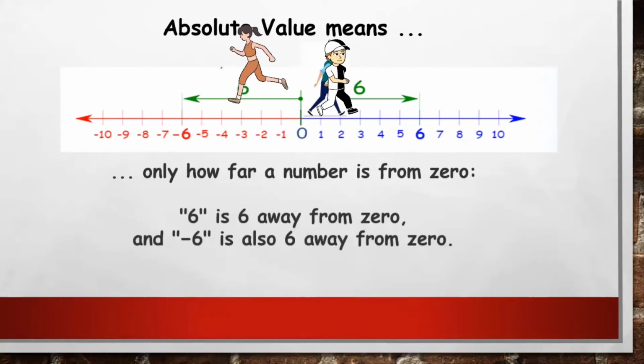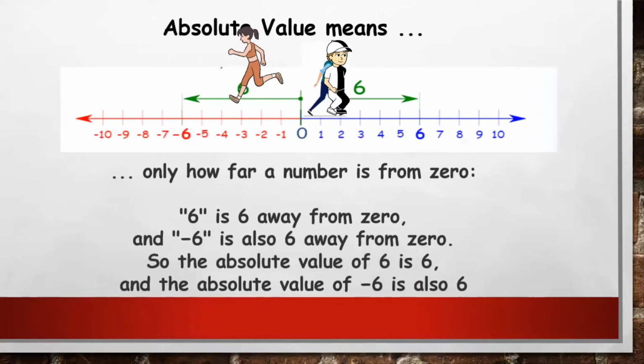Now, 6 and minus 6 are both at the same position apart from 0, that is, 6 units away from the 0. Minus 6 has a negative value and plus 6 is a positive value, but both are 6 away from the 0.